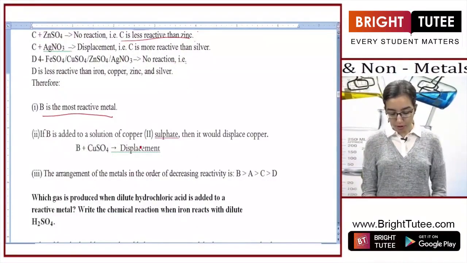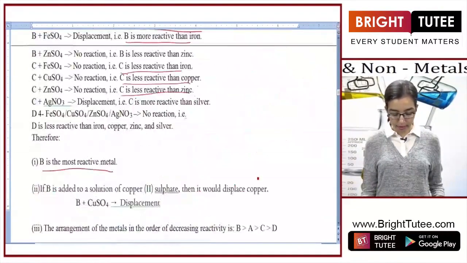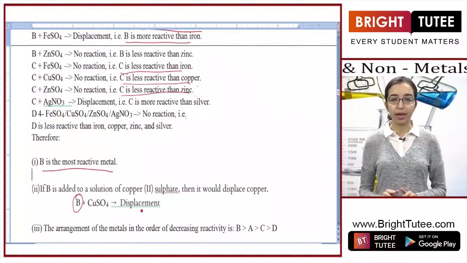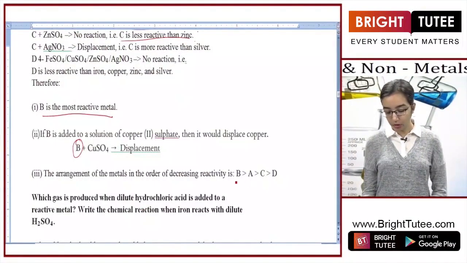If B is added to the solution of copper, okay, so let's read the second part. What would happen if B is added to the solution of copper sulfate? Now as you can see, copper is less reactive than all these elements, and so when this reaction would occur, B being more reactive would cause a displacement in this reaction. So a reaction would occur and copper would be displaced from its salt by this metal B. Now we have to arrange in the decreasing order of reactivity.